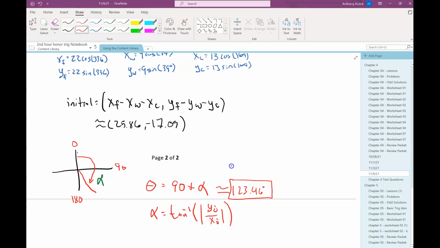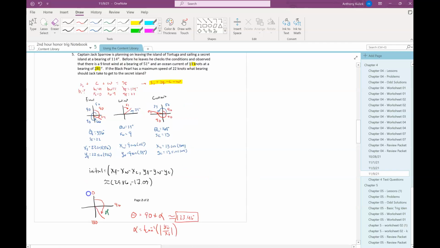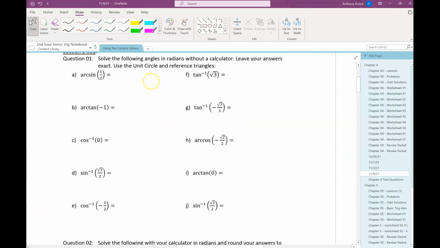All right, who's next? Alyssa. For the review packet on that first section, in order to know which quadrant it is in, do you use the domain and range thing that you gave us? Yes, absolutely.